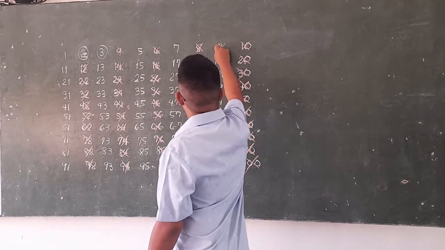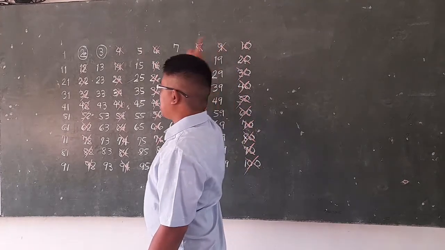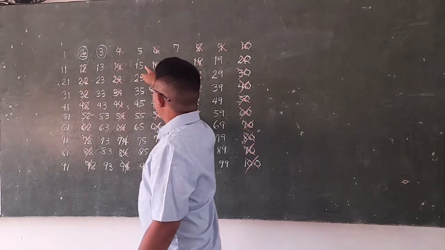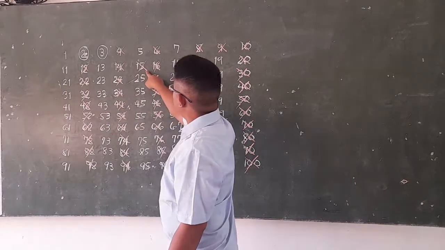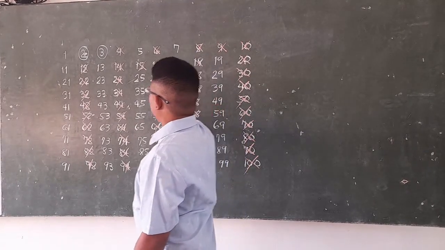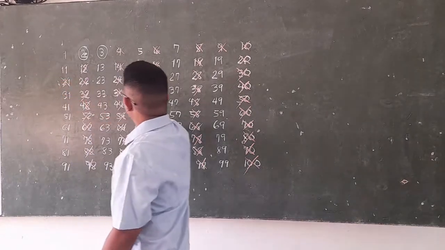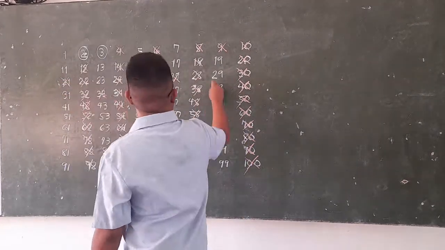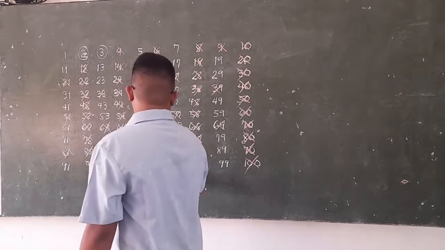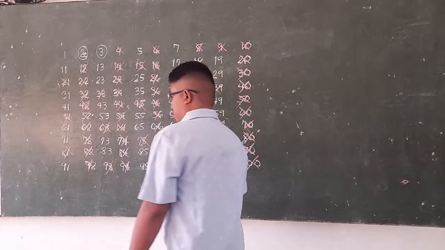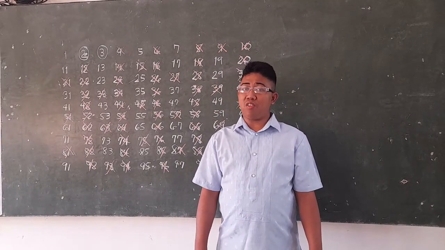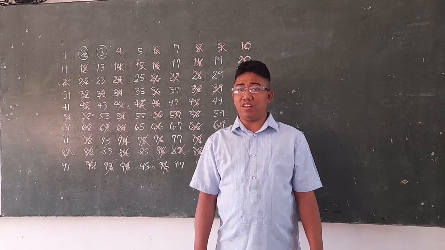So cross out 9. 9 plus 3 is 12. 12 plus 3 is equal to 15. 15 plus 3 is 18. 18 plus 3 is 21, and so on and so forth. Okay, students, we have already crossed out all the multiples of 3.